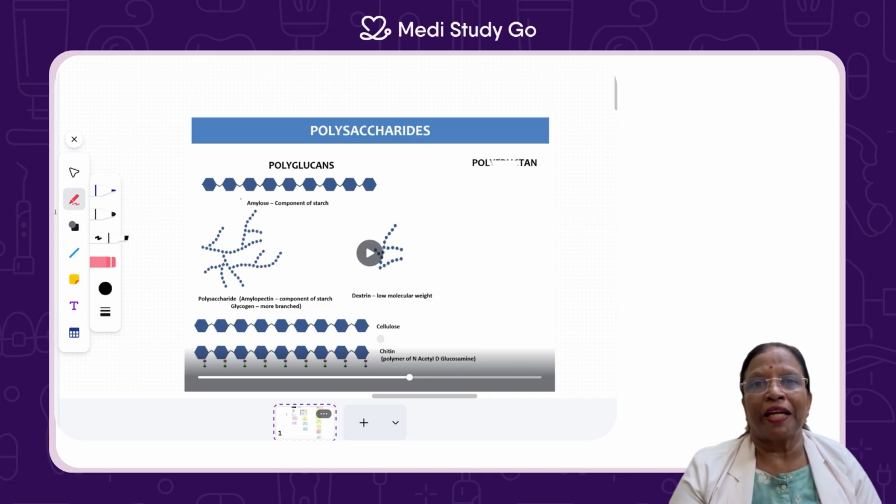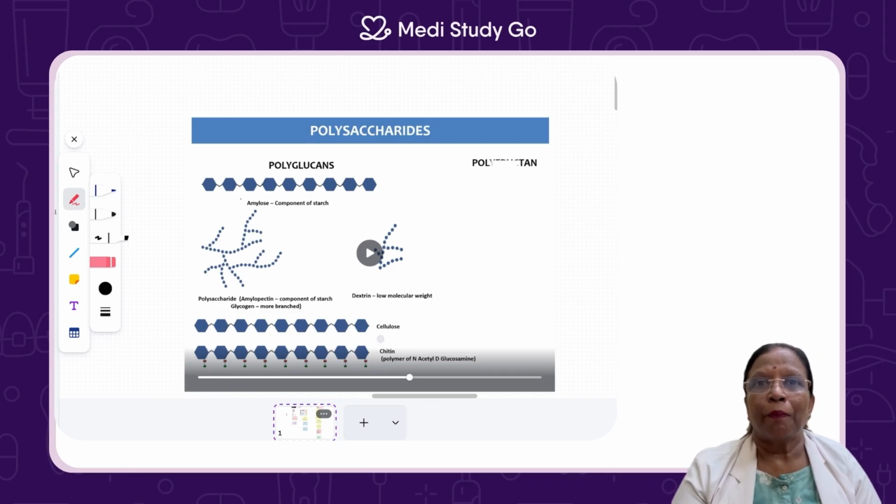Cellulose cannot be digested by human beings because we lack the enzyme cellulase, whereas the ruminants can utilize cellulose because they have the enzyme cellulase. However, cellulose forms dietary fiber for human beings, which is very much essential.